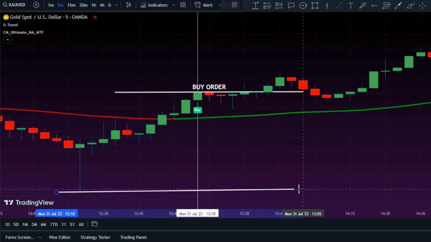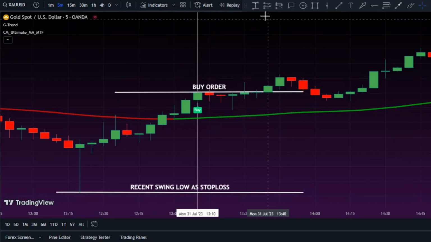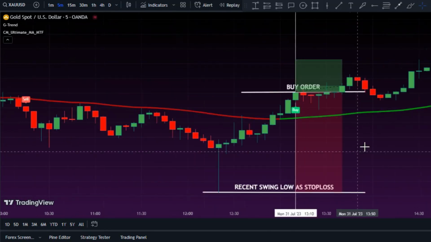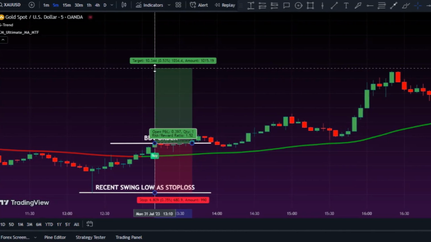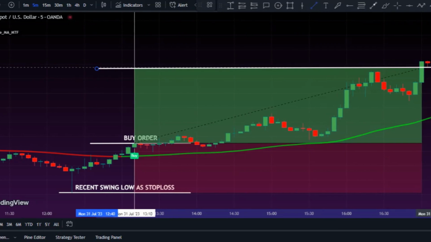After getting in, set your stop loss below the recent swing low. And take profit when the risk-reward ratio hits 1 to 1.5.